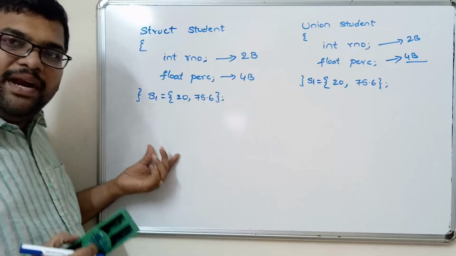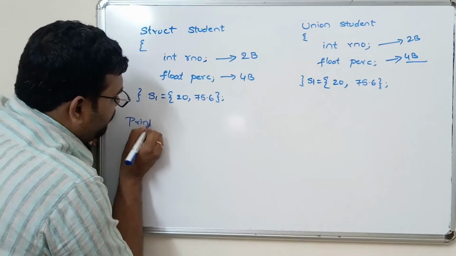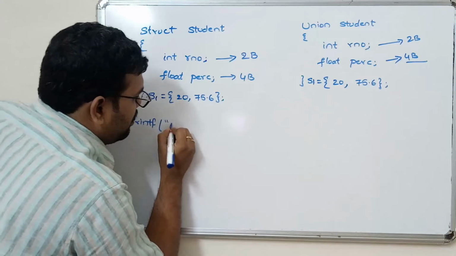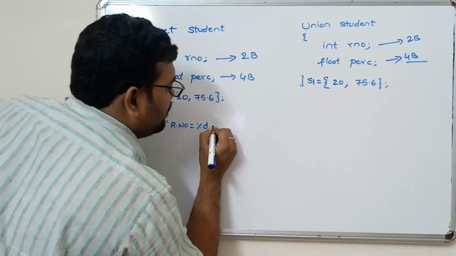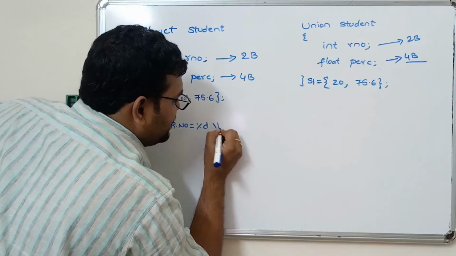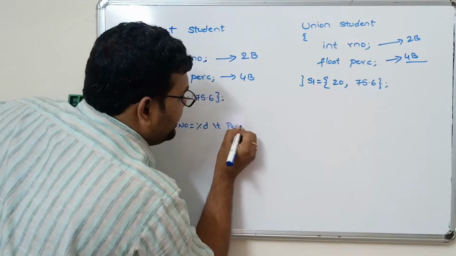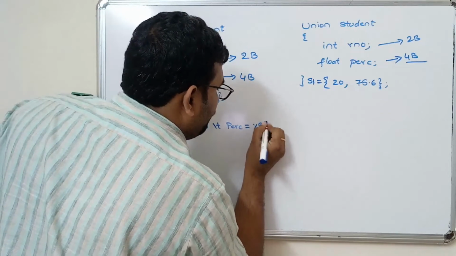Now let us print them on the screen. For printing we have to use printf: roll number is equal to %d, slash t, percentage is equal to %f.